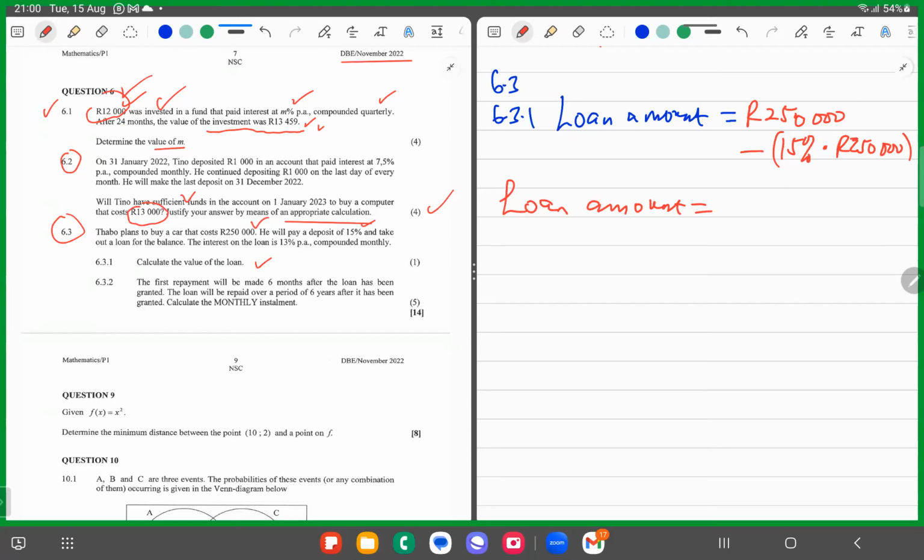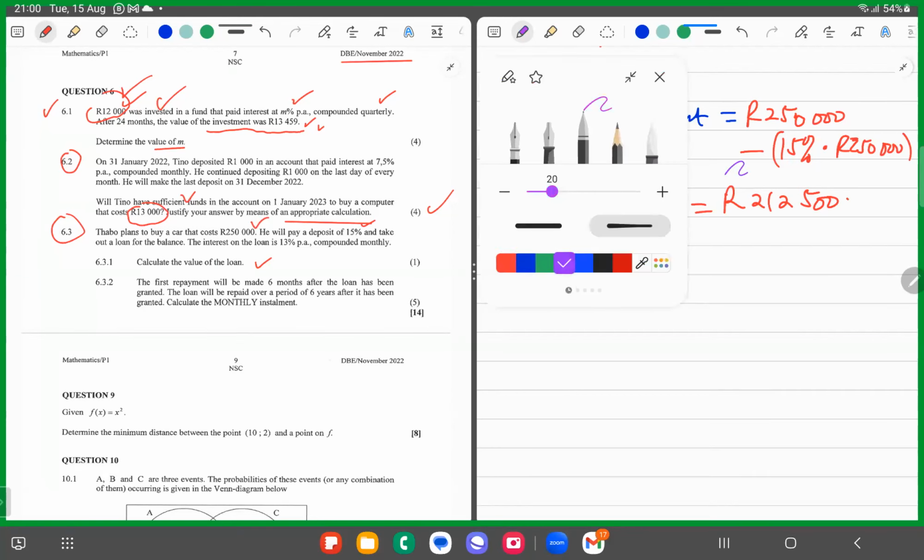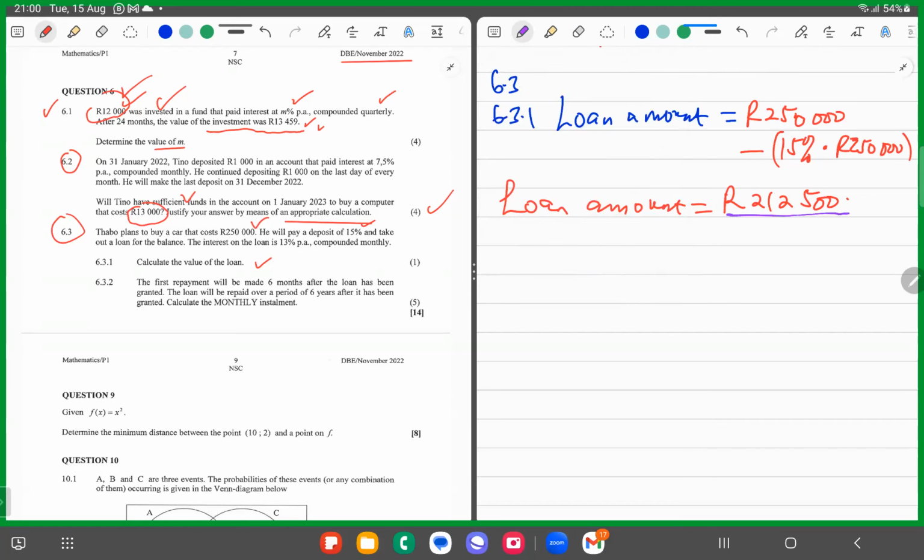It's going to be 250,000 minus the 15% deposit, because the deposit is paid in advance. If you use a calculator, this is 212,500, which means effectively Thabo will have to take a loan for the balance of 212,500.